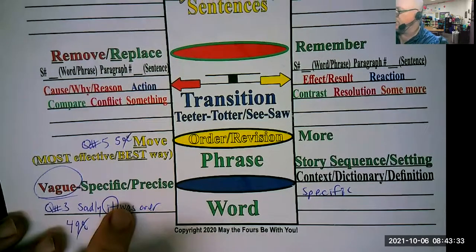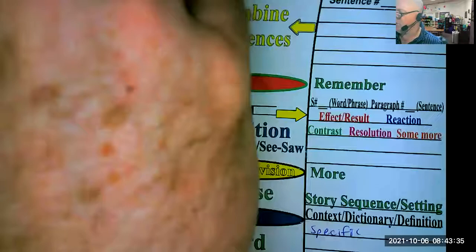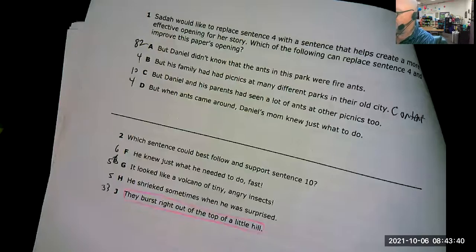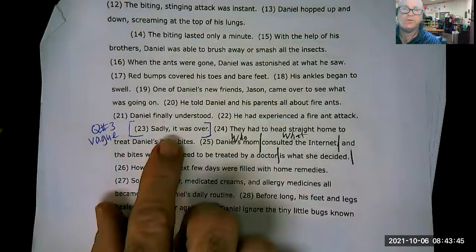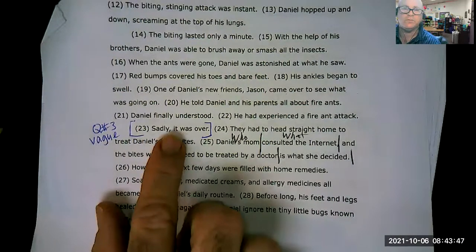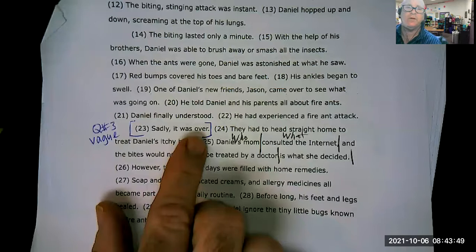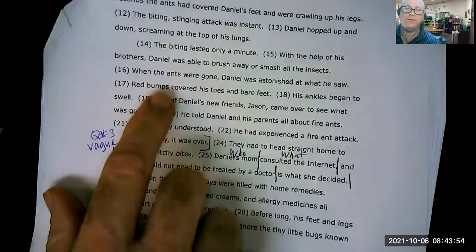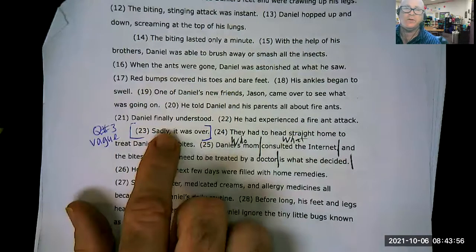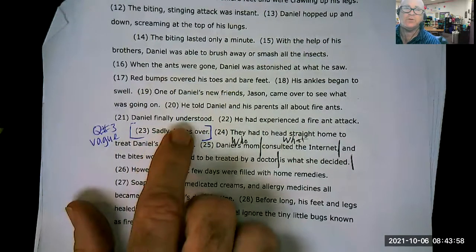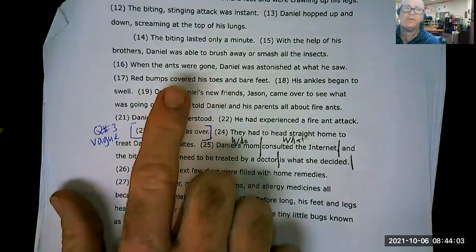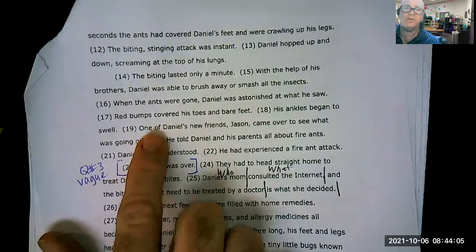So if you look at the passage, I labeled it. Sadly, it was over. Okay. And when you read the previous passage, you find out that Daniel in the story got bitten by some ants.